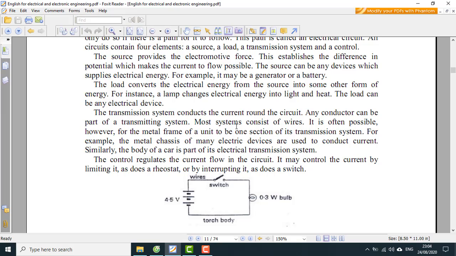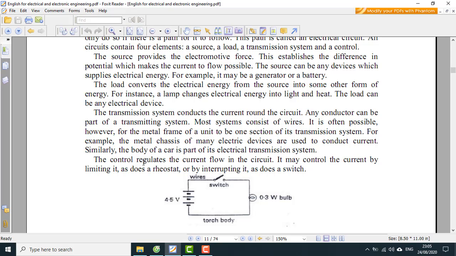Most systems consist of wires. It's often possible, however, for the metal frame of a unit to be one section of its transmission system. For example, the metal chassis of many electric devices is used to conduct current. Similarly, the body of a car is part of its electrical transmission system.